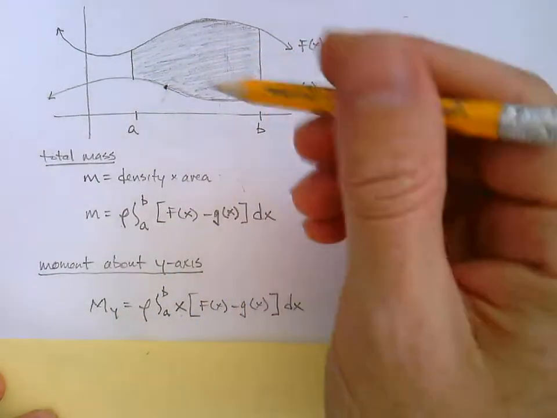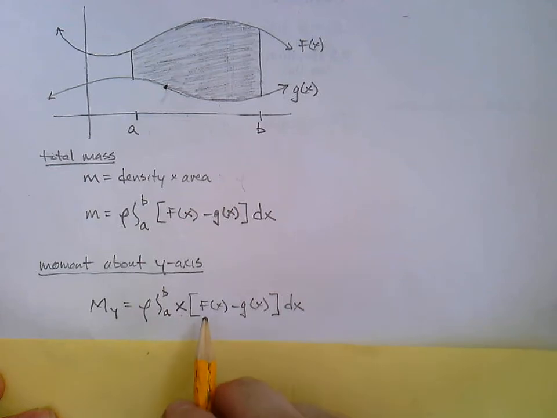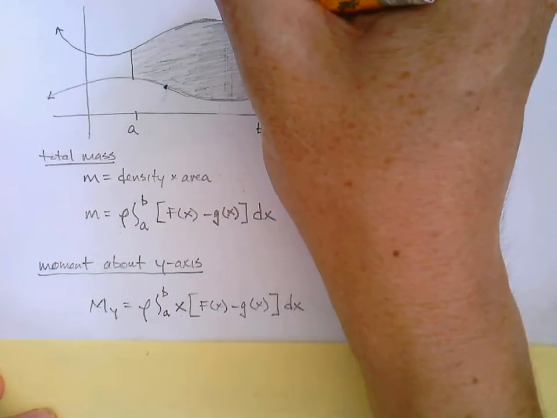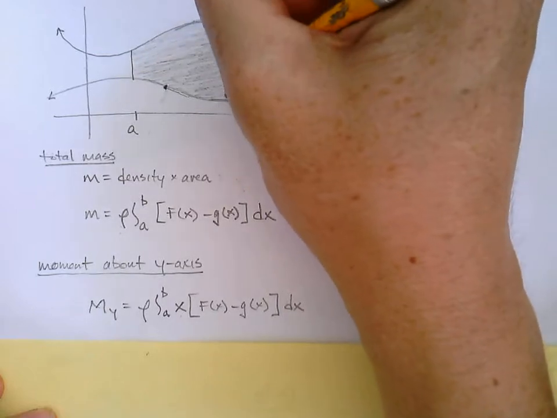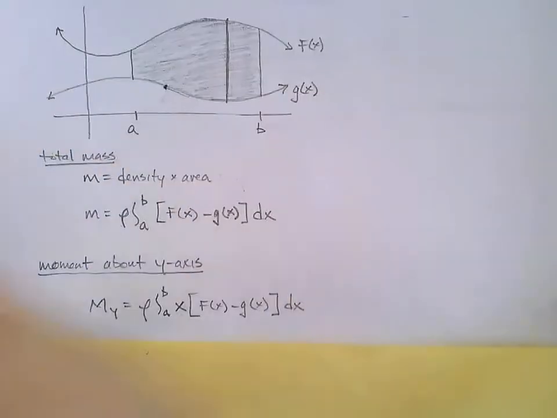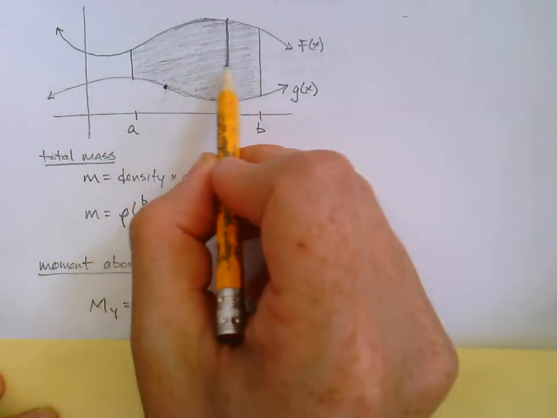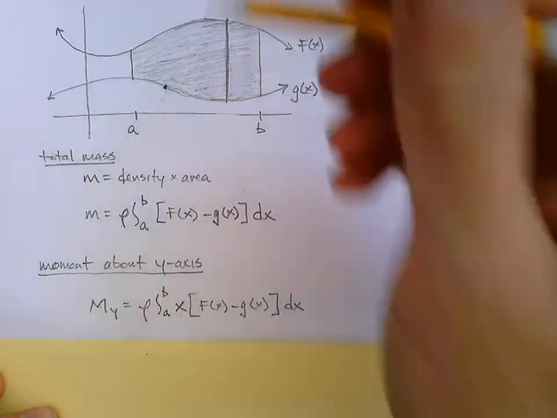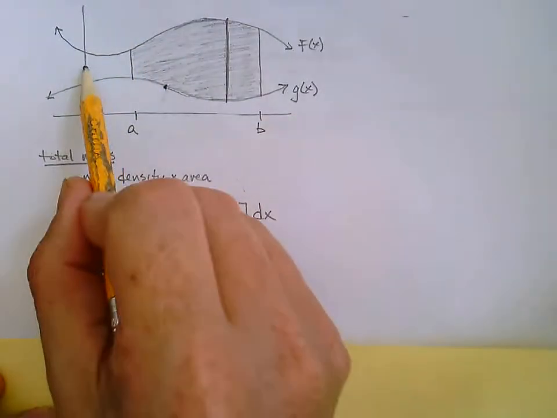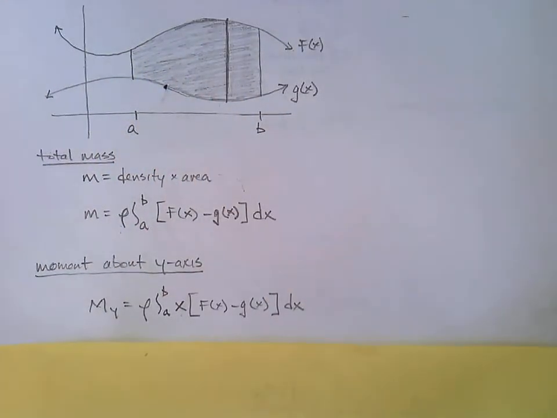Now in this case, it's not a point. We're almost thinking of the mass as an entire line, f minus g. But that whole thing is a certain distance away. Every point on that line is the same distance away, in fact.